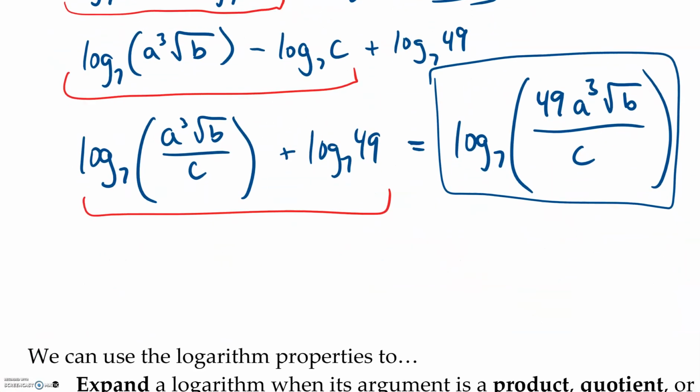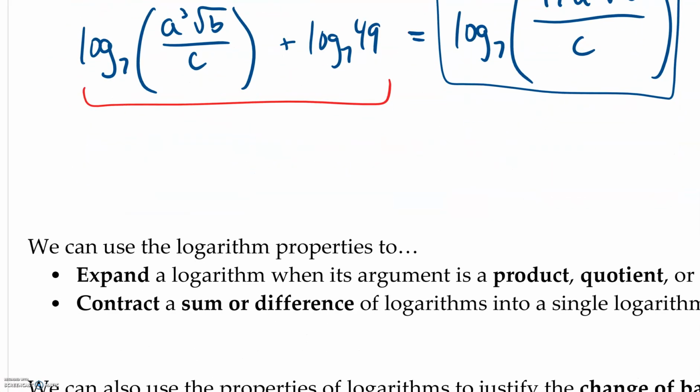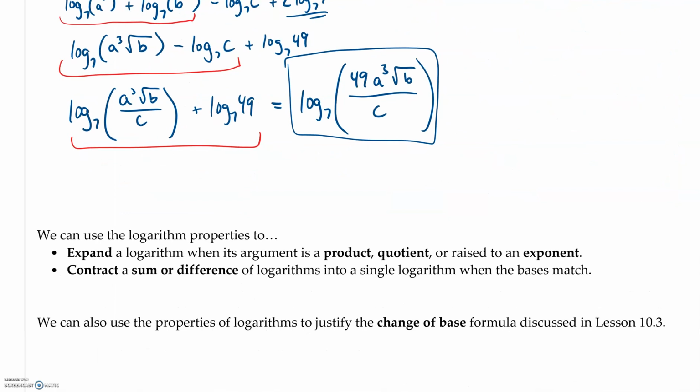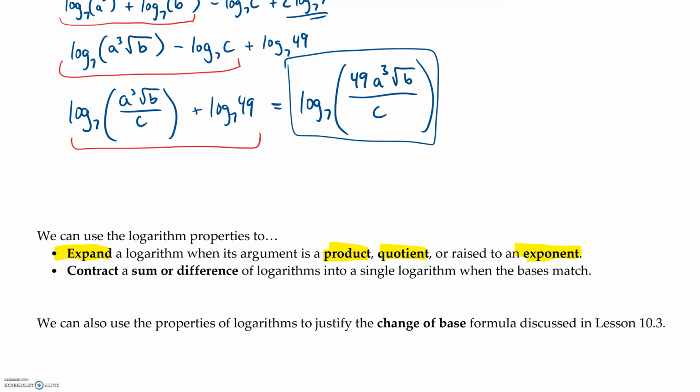And just a couple things to summarize here. So what we can do with logarithms, the two main simplification steps, is we can expand a logarithm if it has a product, a quotient, or something raised to an exponent. If everything is just a pile of factors, basically if there's a monomial inside a logarithm, we can expand it. So let me actually add that here.